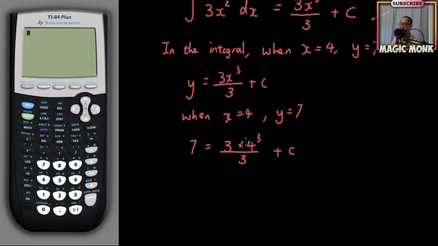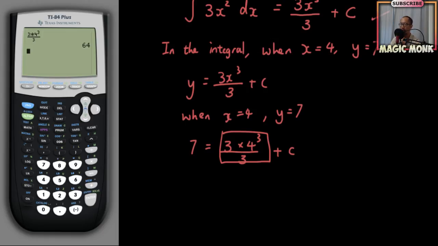So let's type this bit into the calculator. If you have the latest version of the TI-84 Plus, you can also use the fraction button. If you go alpha y equals, you can bring out the fraction button, and then you can just type in 3 times 4 cubed over 3, press enter, and the answer is 64.